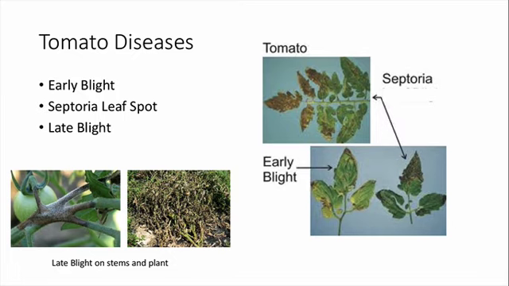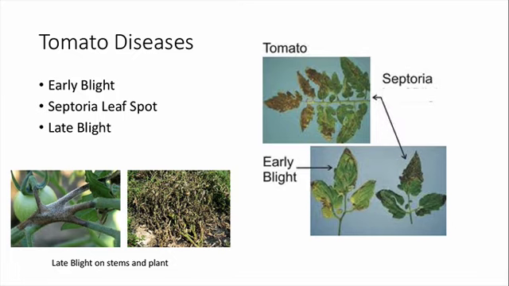So it's up to you to decide whether you want to manage it that way or if you want to spray fungicide to try to keep septoria to a minimum. But it seems to me that almost every tomato is going to get it. There are resistant varieties, but it seems like it's ubiquitous in tomatoes.